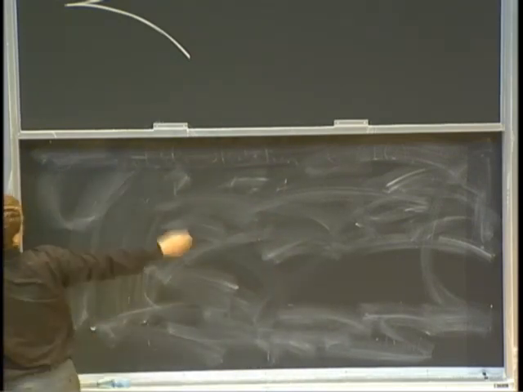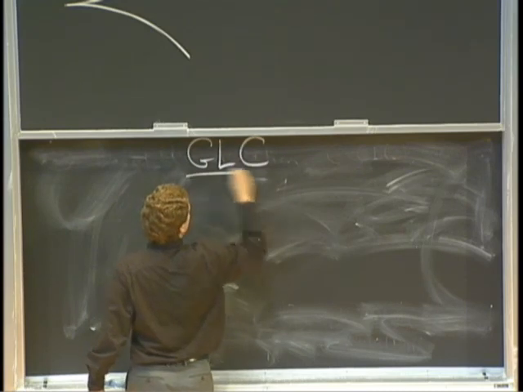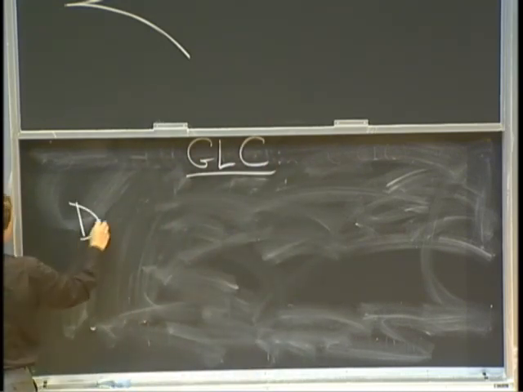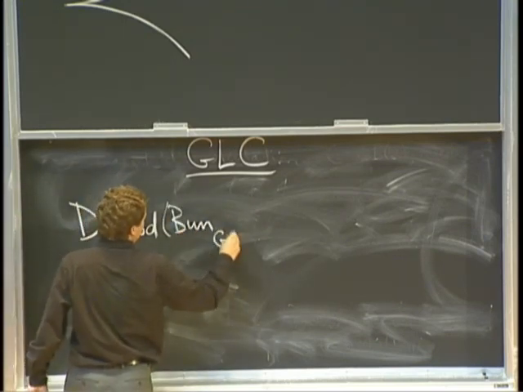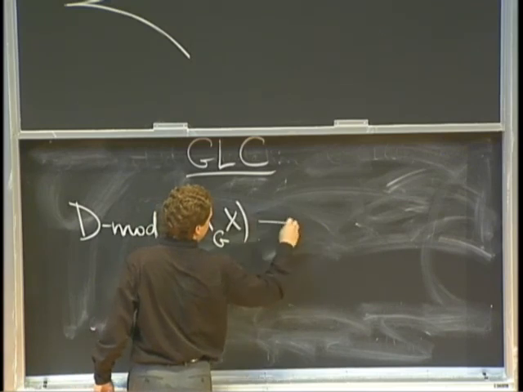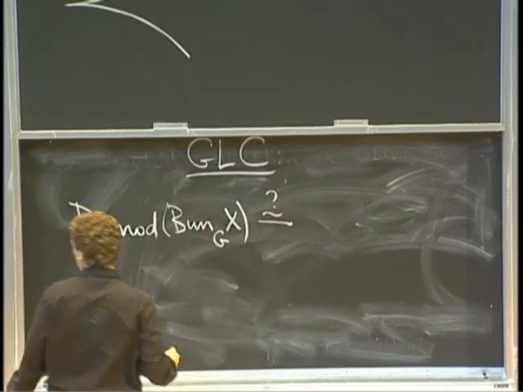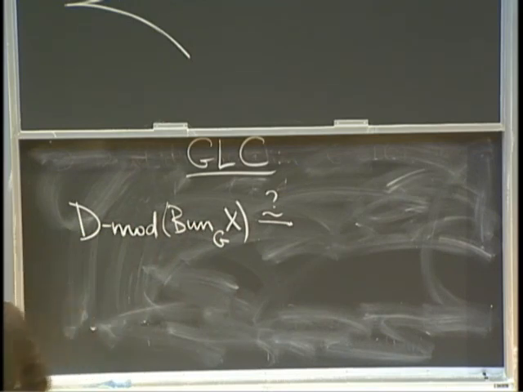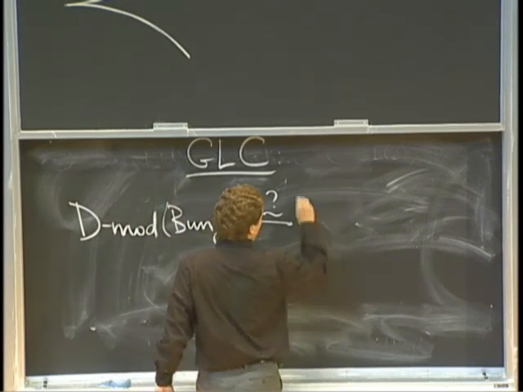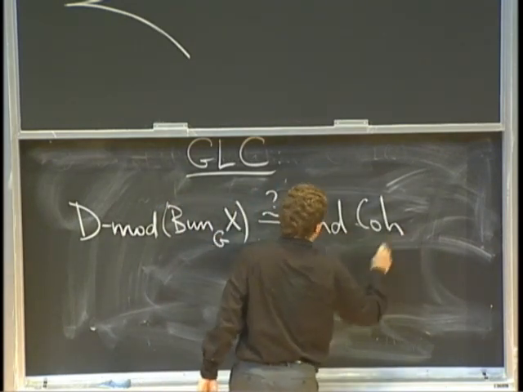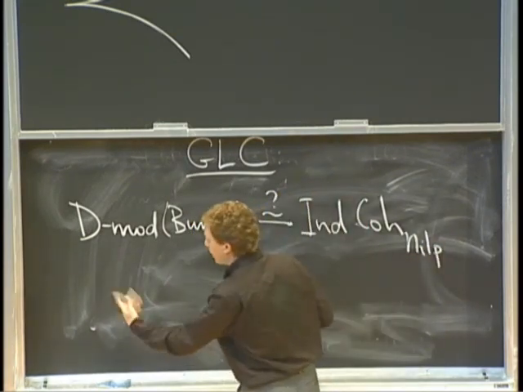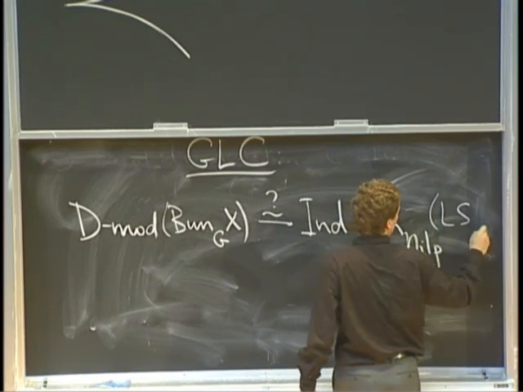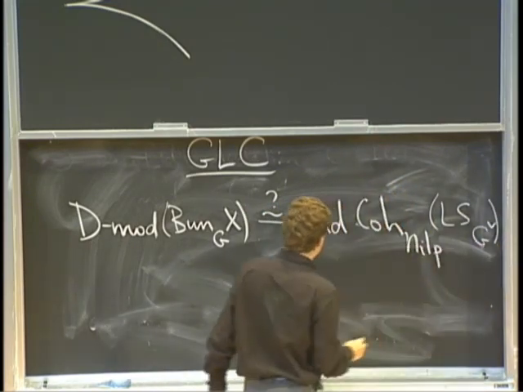So let me just say the geometric Langlands conjecture basically got to where I started this series of talks, so that these D-modules are supposed to be equivalent to the category that is compactly generated by this category, which is what is called Ind-coherent sheaves, again with nilpotent singular support on the same thing as before.